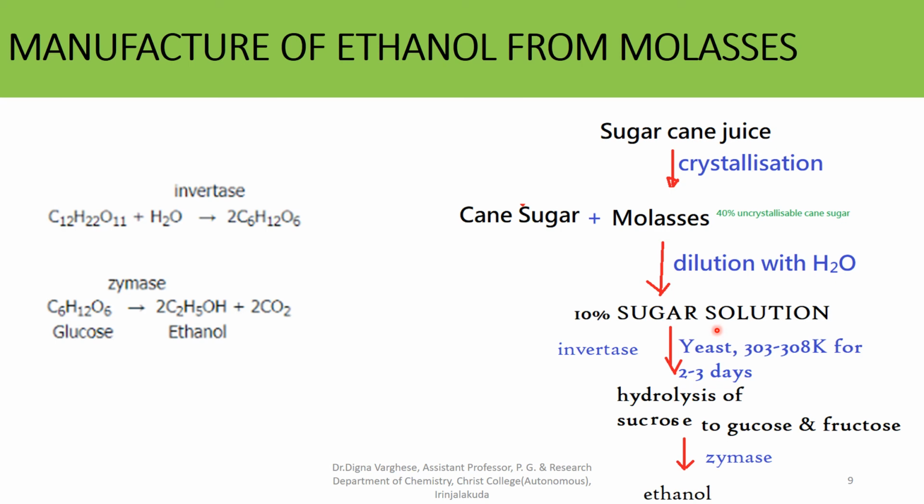Into this, yeast is added and it is kept at 303 to 308 Kelvin for 2 to 3 days. In yeast there is an enzyme known as invertase, which brings about the hydrolysis of sucrose to glucose and fructose.